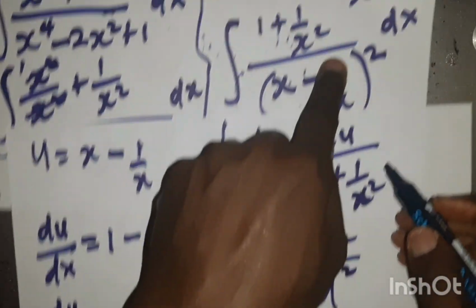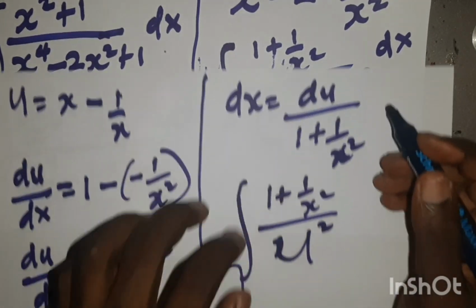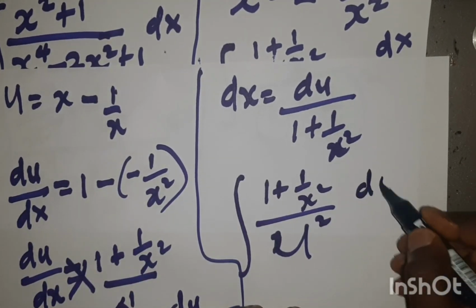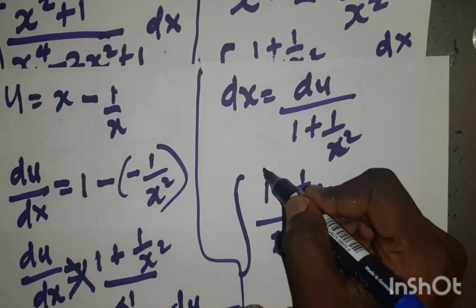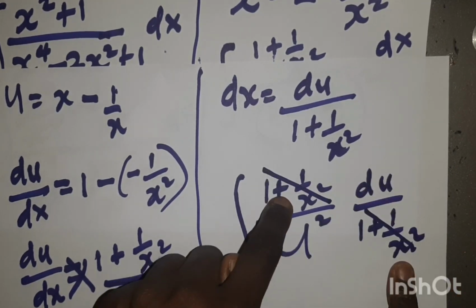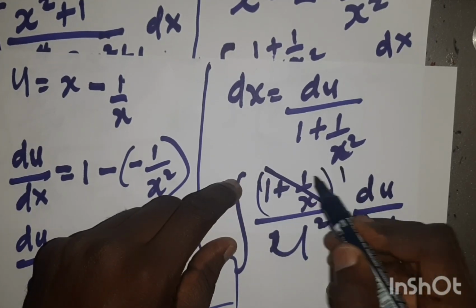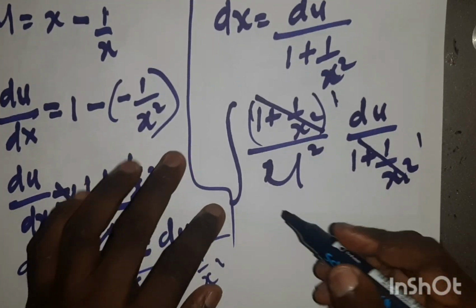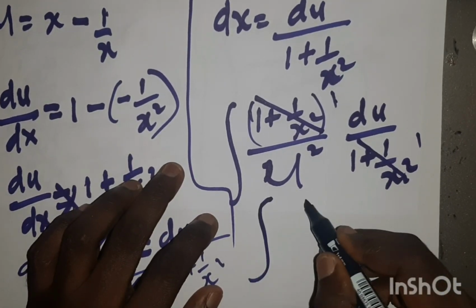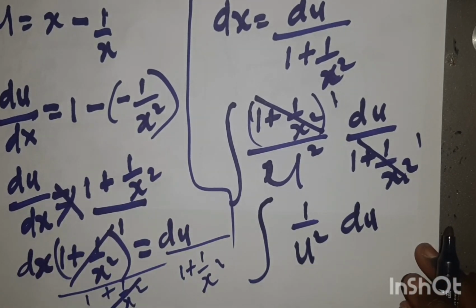Then this dx will now be this whole value, so I'm putting du over 1 plus 1 over x squared. And of course, finally, these two can cancel out. I'm left with just what? 1. So this here 1, this here 1. So I'm left with the integral of 1 over u squared du, with respect to u, which is okay, since this is a change of variable now.